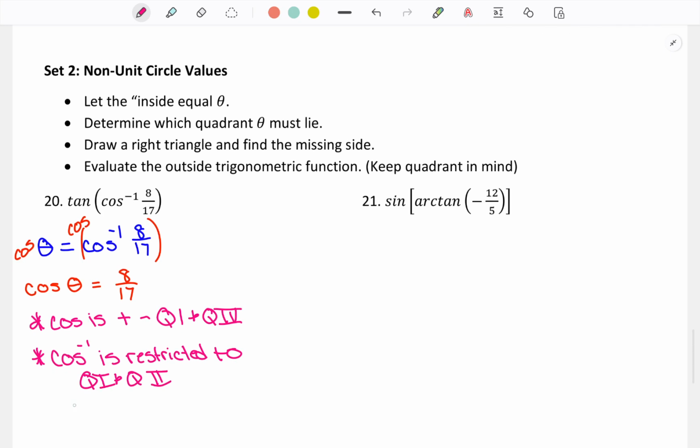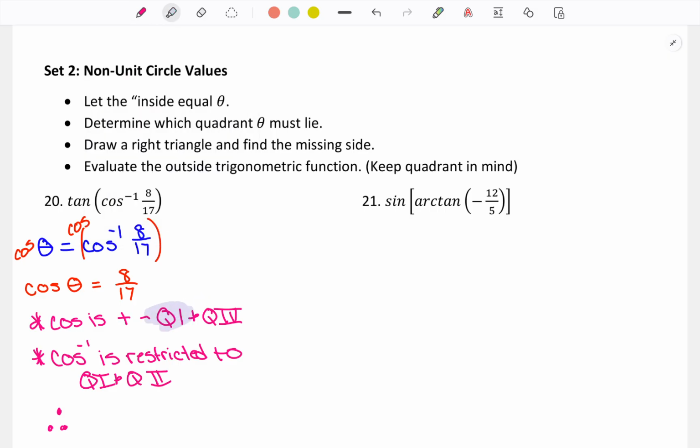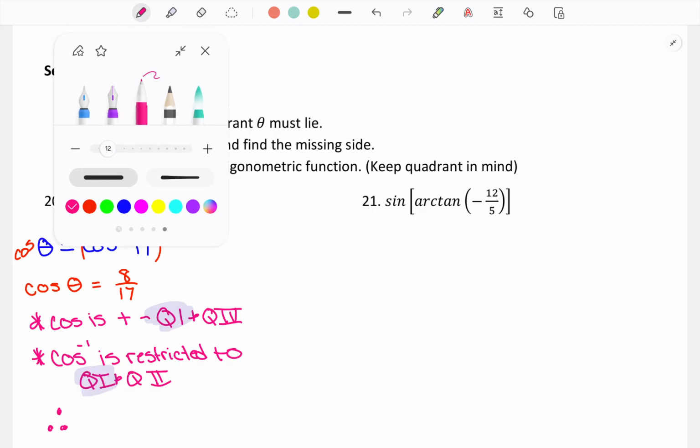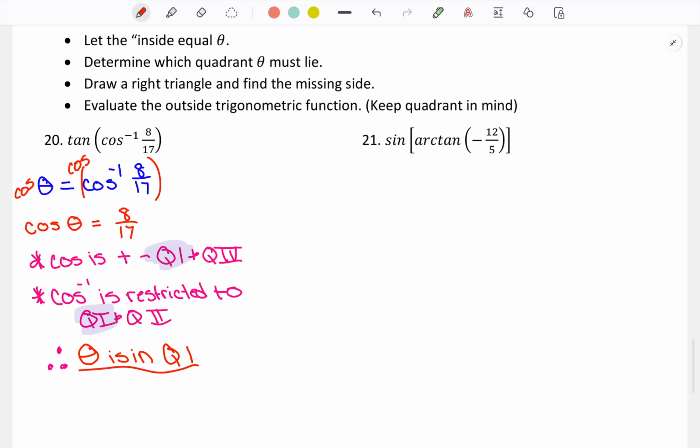So therefore, since quadrant 1 is in both of those characteristics, theta is in quadrant 1. So when we go and evaluate for tangent, we know it's in quadrant 1.